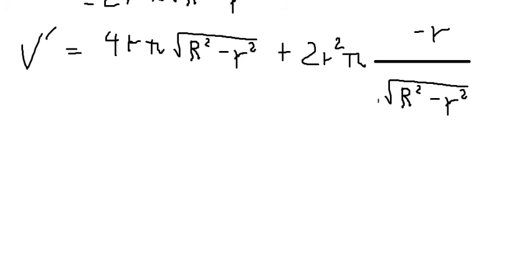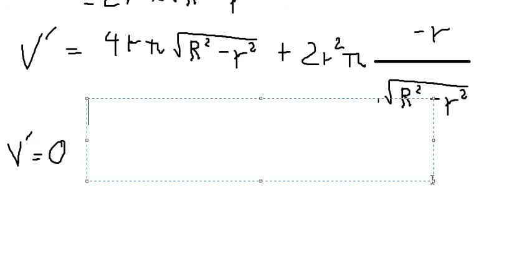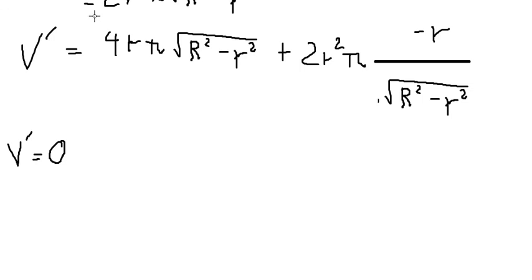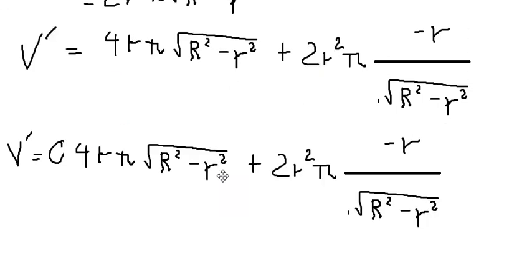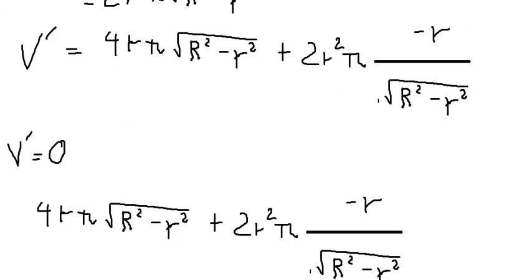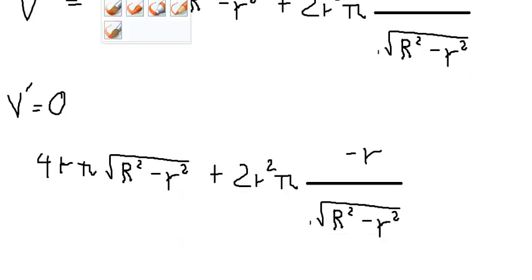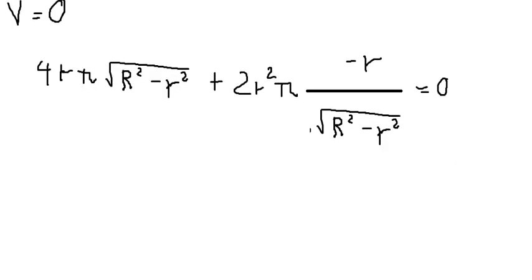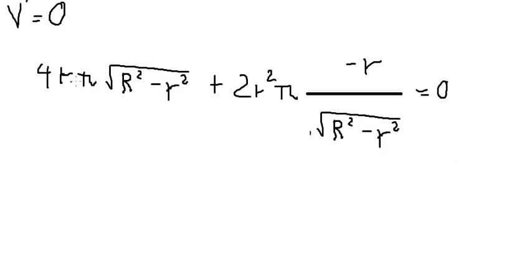Now we need to put the first derivative of the function equal to number 0, because we want to find the critical point. So we put this one equal to number 0. So we need to simplify r in here, pi in here.